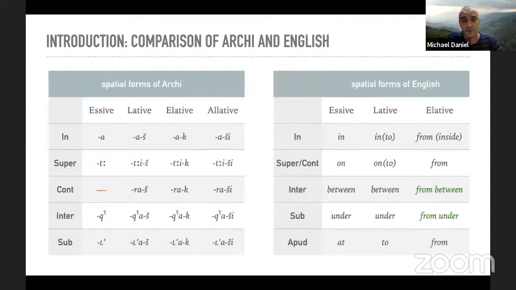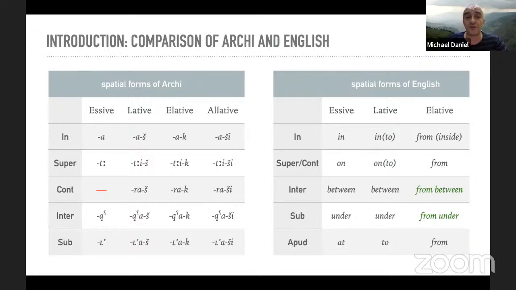Look at these following tables, which compare spatial forms of Archie and spatial forms of English. On the left, you have Archie. You have a bimorphemic structure in all columns except the essive, which is zero marked, which is unmarked. So it's simply a plain localization marker.